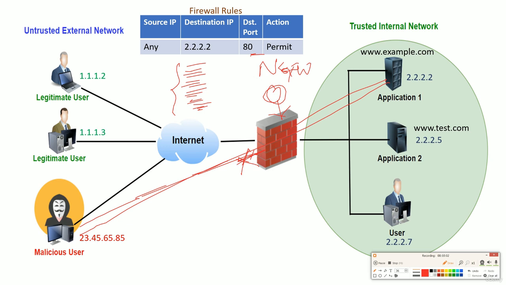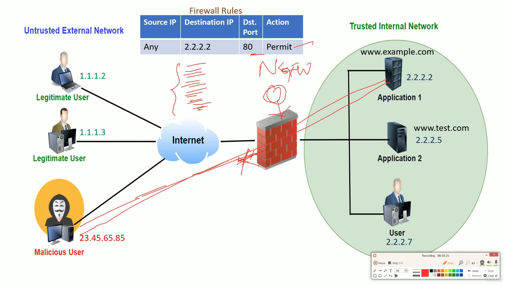This is the main difference between the legacy network firewall and the next generation firewall. In the legacy network firewall, it works only on layer 3 and layer 4, where it simply sees the source IP, destination IP, and the port number, and if that condition matches, it will simply execute the action, either permit or deny, based on the action set.